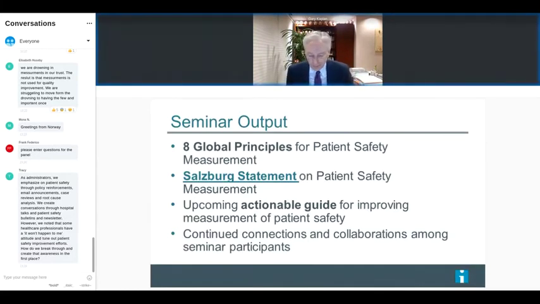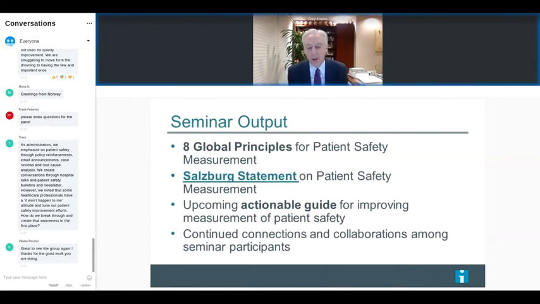So as a first step, we felt it was critical to identify the principles for patient safety. And this was not a no-brainer. It wasn't like just list them on a flip chart and there we have them. It took considerable work and several iterations and a lot of back and forth, which I think helped us get to a better place.